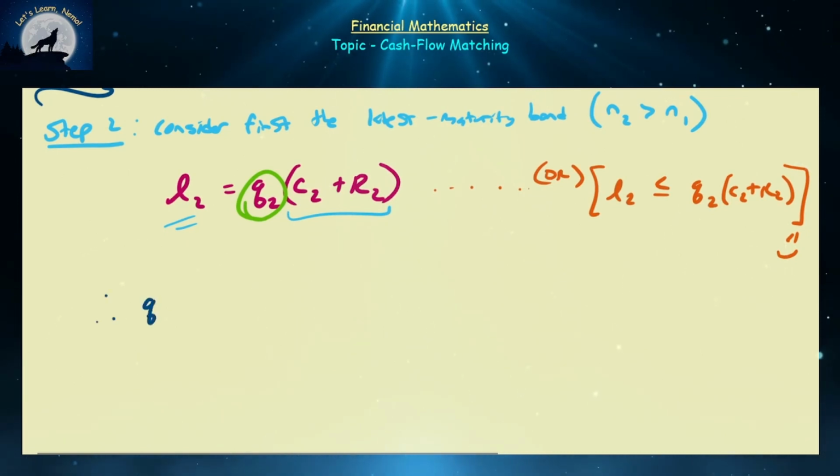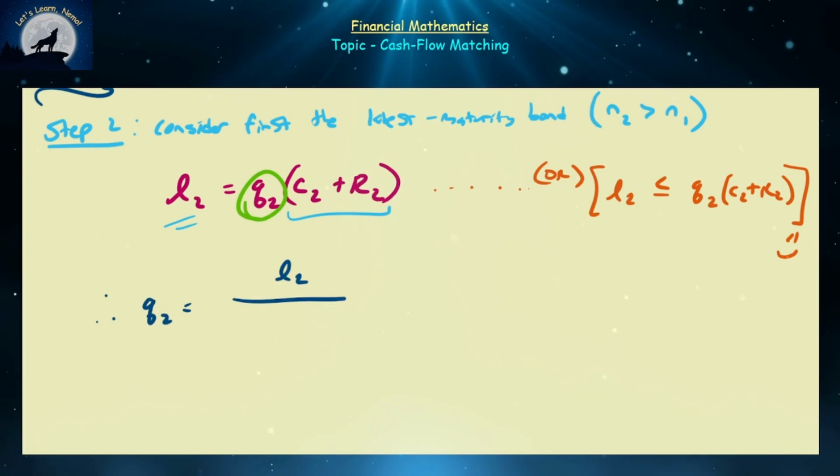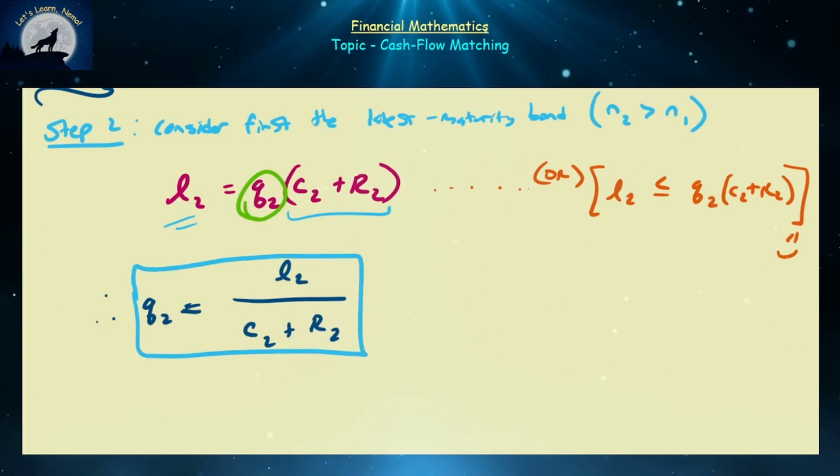We get that Q2 will be equal to L2, the liability value at time t equals 2, divided by the coupon payment of bond 2 plus the redemption payment of bond 2, where both of those transactions obviously occur at time t equals 2. It's very important to note that this calculation has nothing to do with bond 1, because bond 1 expires at time t equals 1, so at time t equals 2, bond 1 is not part of that story. That's one of the reasons why we consider first the latest maturity bond, and then we're going to be working backwards in time.